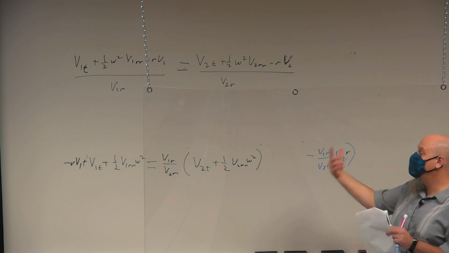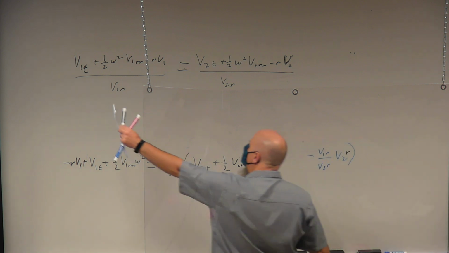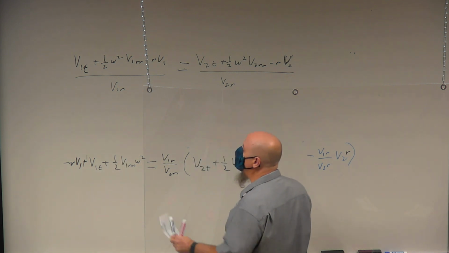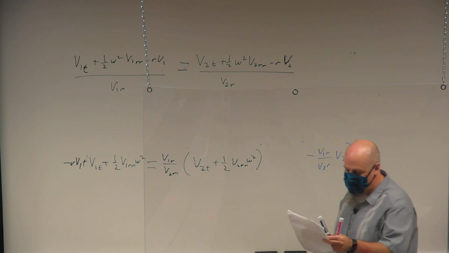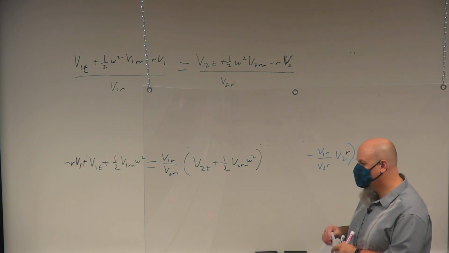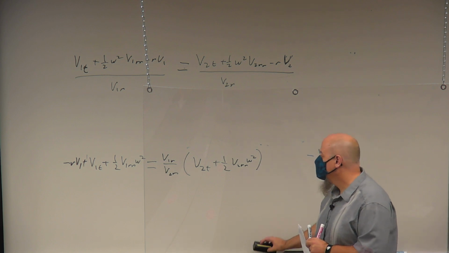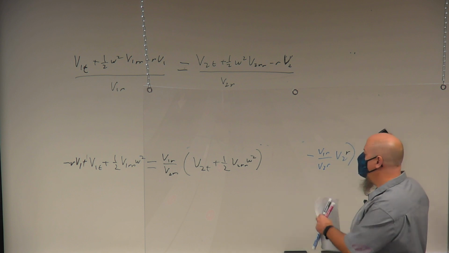The only difference between this side of the equal sign and the 2 side of the equal sign is this has 1s everywhere and this has 2s everywhere. So I'm going to erase this part.